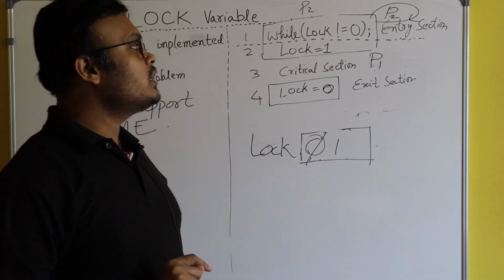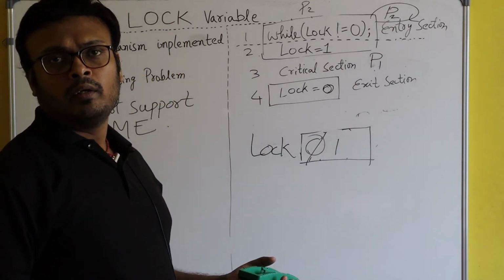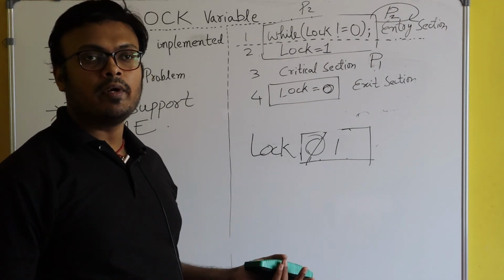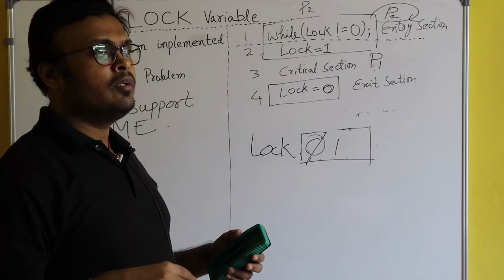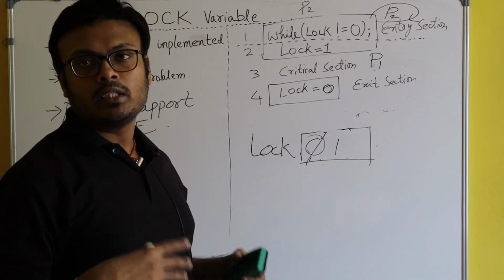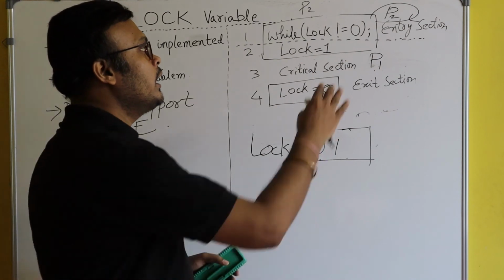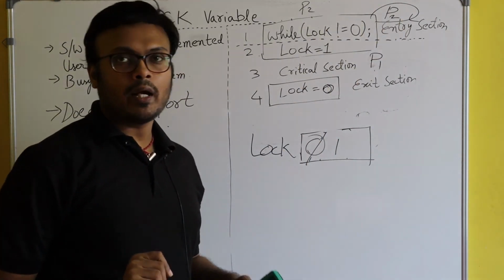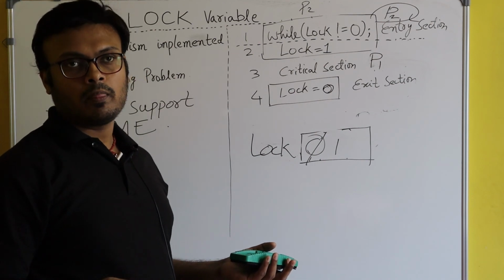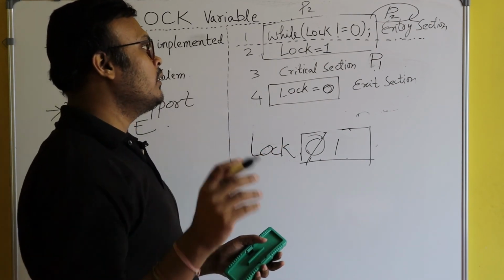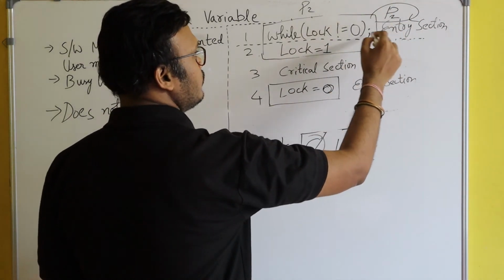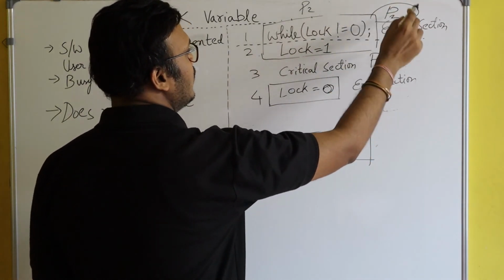Here you see process P2 is not doing any useful activity. It is just simply waiting. And in computer science, waiting means what? It's simply wasting CPU cycles. Process P2 could have done another useful task, but rather than doing the useful task, it's just simply waiting in the while loop.